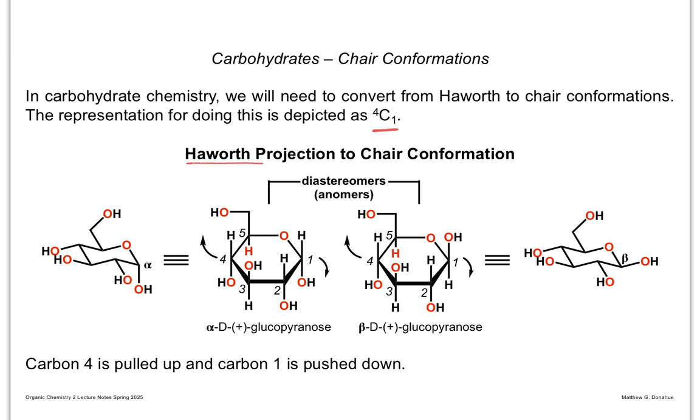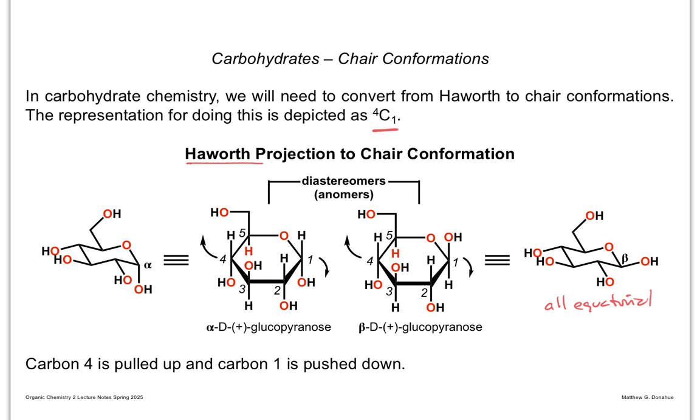So what do you notice about, we'll start with the beta anomer, all the substituents on the beta anomer of glucose. So they're all equatorial.